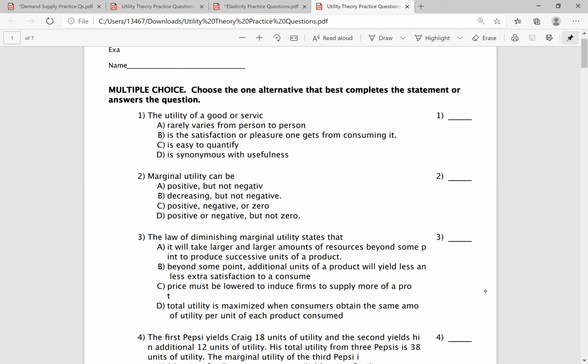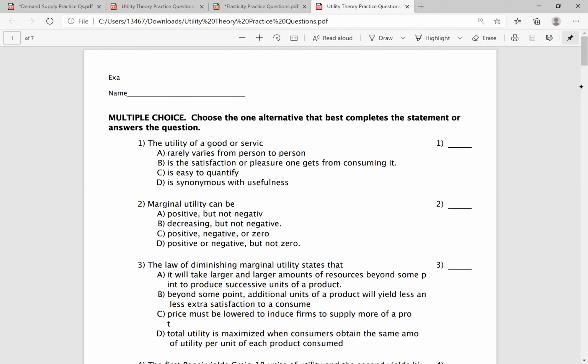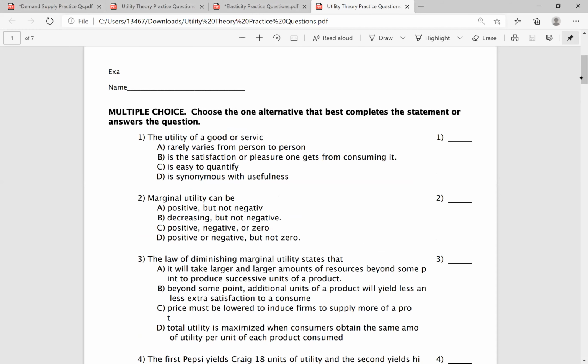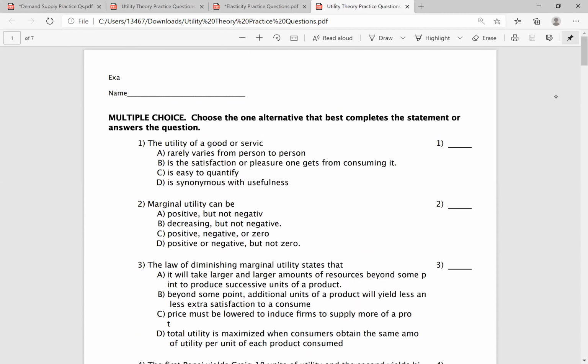In your short answer question number 2, a lot of students were wrong with this question. I'm going to explain to you why students were wrong. What is utility? Utility is the satisfaction that someone gets in consuming a certain good.